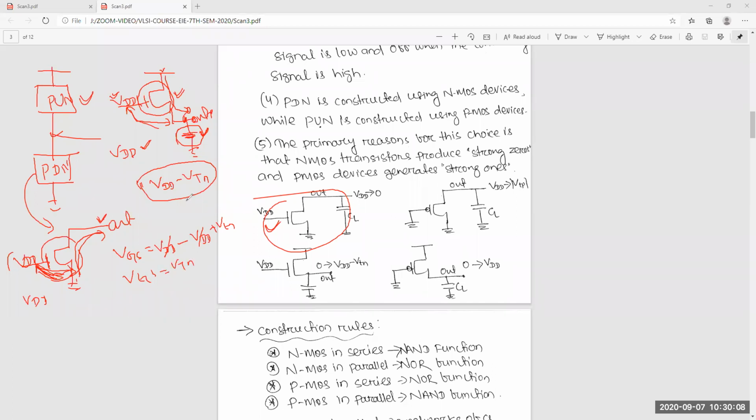So this is the limiting case. After that, if the capacitor charges more than this, the difference will be less than VTN, so the transistor will be in cut off.